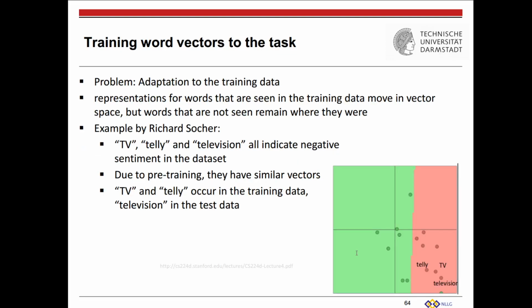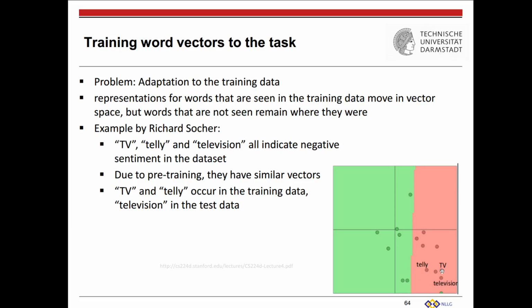And if you train them on the task, maybe you get a better performance. Sometimes you get a little bit better performance, but you also have some risk, right? And what is the risk? So let's take the following example, where we have three synonyms, like tele, TV, and television.